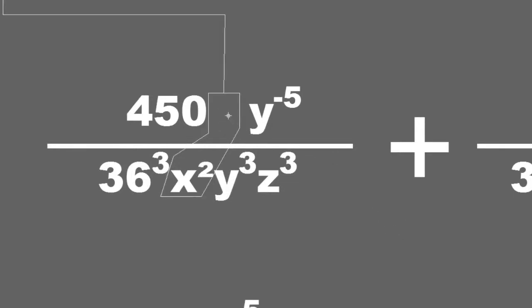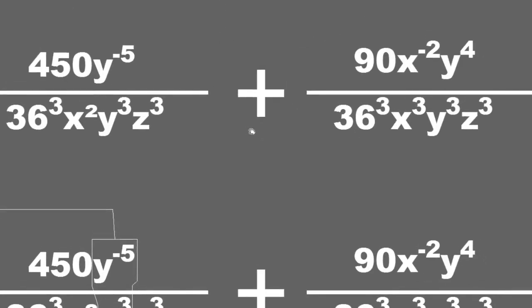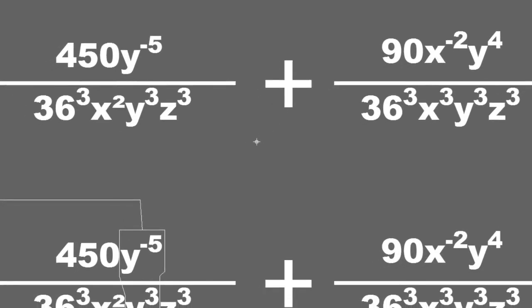It would just be 1 multiplied by all of this, and all of this multiplied by 1 just equals all of this. It will stay 450 multiplied by y with an exponent of -5. I don't have to multiply that by 1. So what I do is I simply get rid of the x on the numerator, and in the denominator I put x squared. And this is where we are up to now.